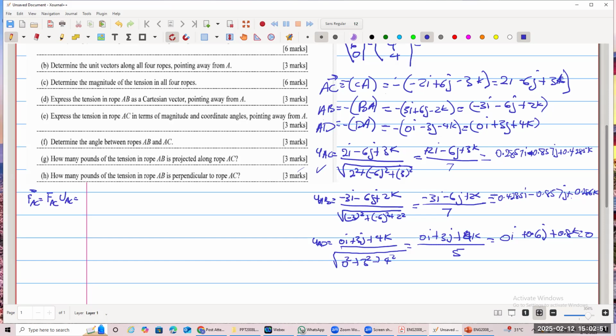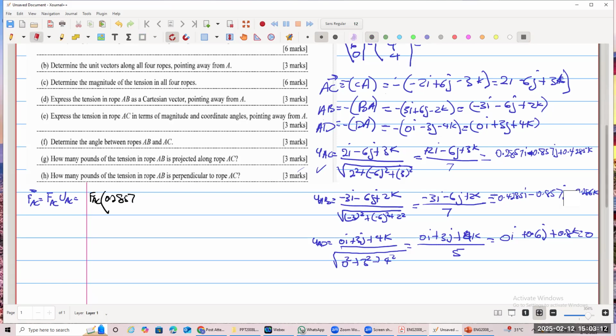Let me see if I can get a different color writer, which might make a little bit of contrast. All right, so for this one it is FAC, and you put the unit vector there. Let's see if we have it right here. So it's 0.2857, or we're gonna call it 0.286.